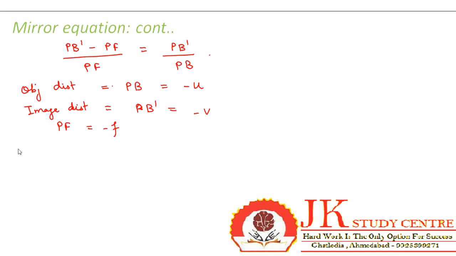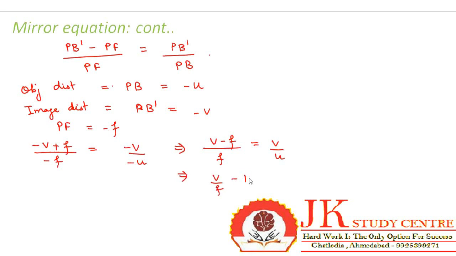Now putting these values in this equation, we get minus v plus f divided by minus f is equal to minus v by minus u. So this becomes v minus f divided by f is equal to v by u. So we get v by f minus 1 is equal to v by u.